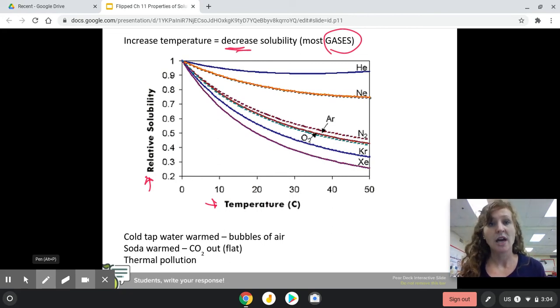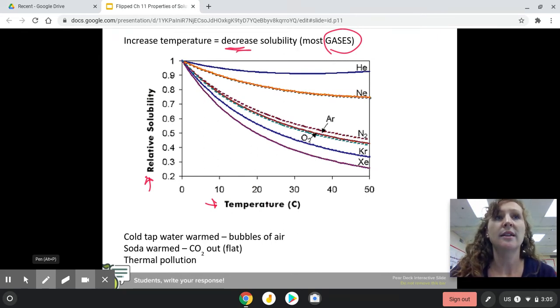They breathe too. And in order for them to keep breathing, there needs to be dissolved oxygen. The plants underneath the water need carbon dioxide to be dissolved in that water. And if carbon dioxide is not dissolved, then the plants aren't going to be able to take in that carbon dioxide and undergo photosynthesis, right? So as lakes and rivers increase in temperature, the solubility of the gases in those lakes and rivers is going to decrease. And those gases are going to actually exit out of the lakes and rivers.